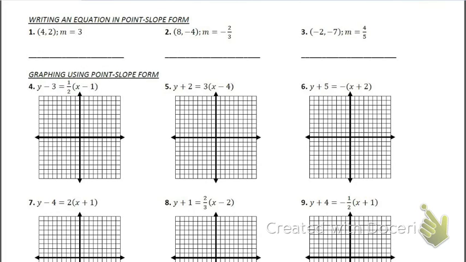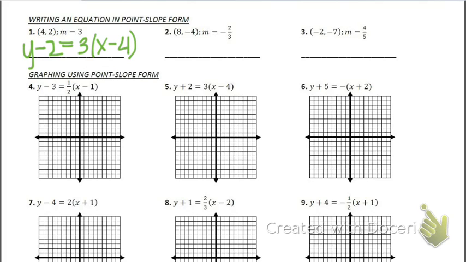All we are going to do is plug that stuff into the equation. So that's going to be y minus the y-coordinate of the point, which is 2, equals the slope, 3, times x minus the x-coordinate of the point, which in this case is what? 4. Done.